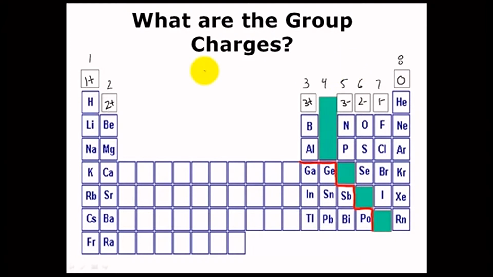On top here were the number of valence electrons on my outer shell, going all the way up to 8. Something with 7 valence electrons will need 1 more electron, so it becomes a 1 minus charge. Likewise, something with 6 outer shell electrons will need 2 more electrons, getting a 2 minus charge.